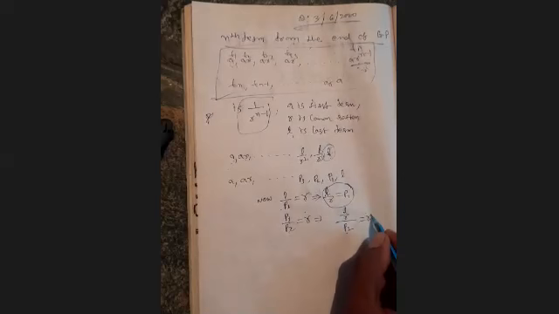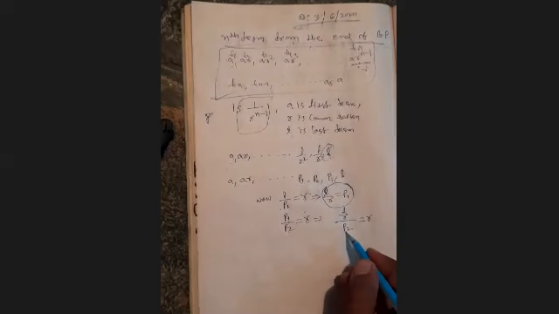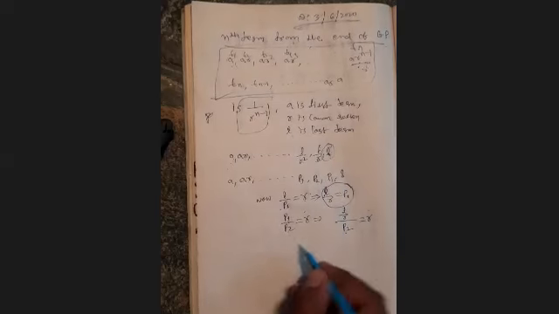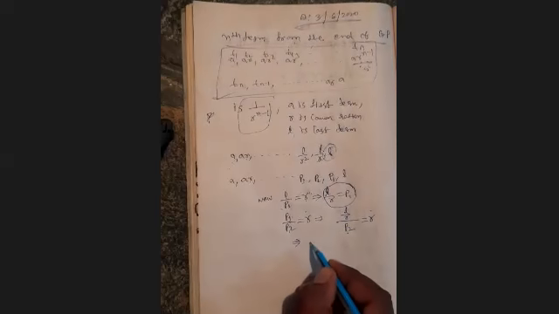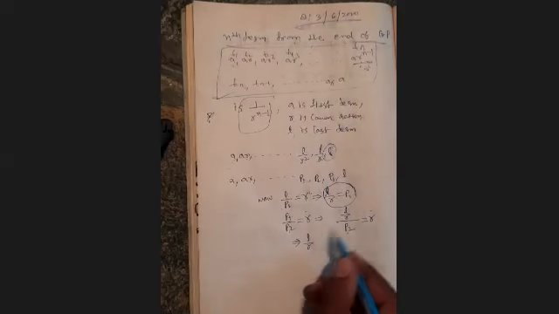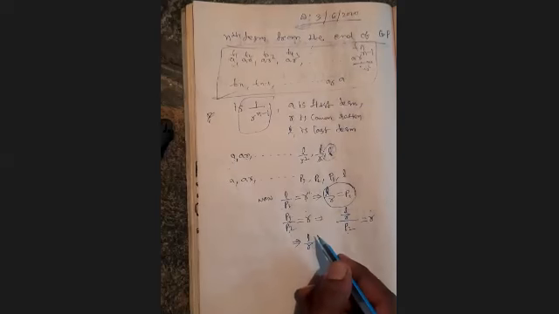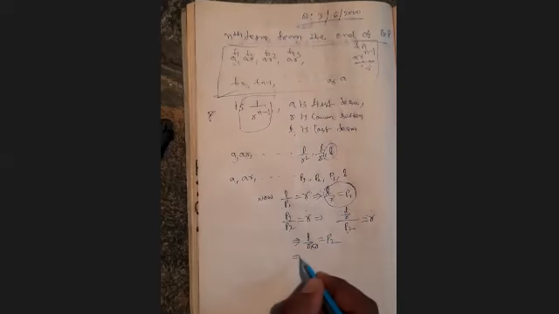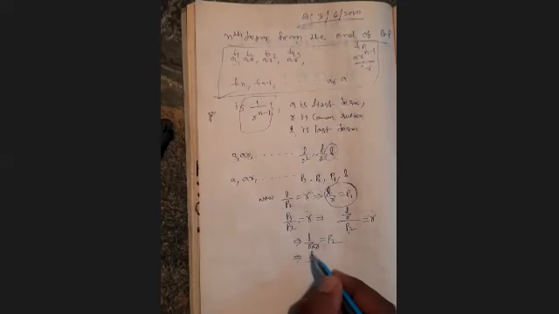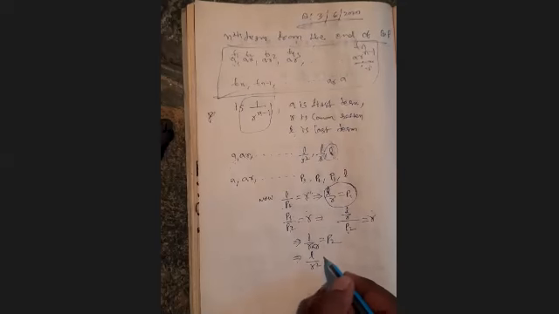Common ratio R. Now I'm taking P2 to that side and R to this side. That implies L by R is already there as numerator; taking it this side it becomes denominator, into R is equal to P2. So L by R into R square is equal to P2.